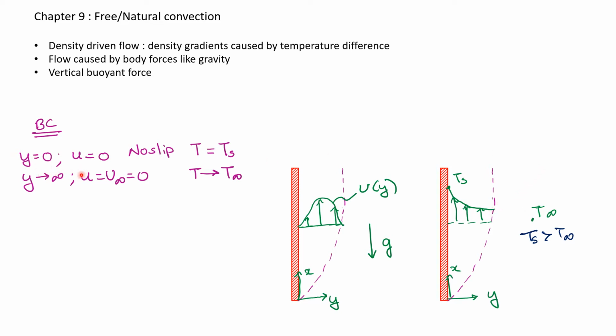So your boundary conditions can be defined as: at y equal to 0, u is equal to 0, which is the no slip boundary condition, and you have temperature equal to Ts there. At y equal to infinity, you have u equals u infinity, but your u infinity is 0, and your temperature is T infinity. So these will be your boundary conditions.